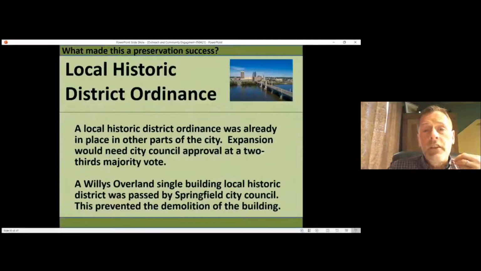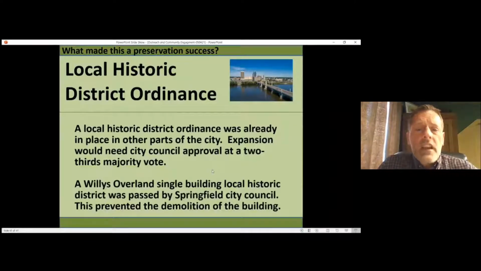Because of this substantial citywide advocacy campaign, as well as having that revitalization plan in place already, they were able to get the Springfield City Council to approve a single building local historic district. Other places around the country might call those local landmarks, but we call them single building local historic districts here in Massachusetts. So they did that, and the building could then no longer be demolished.